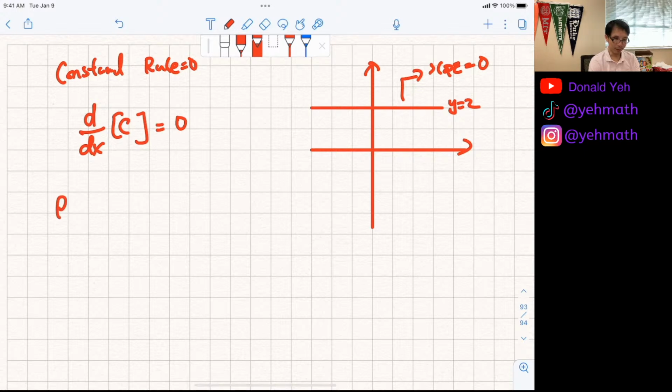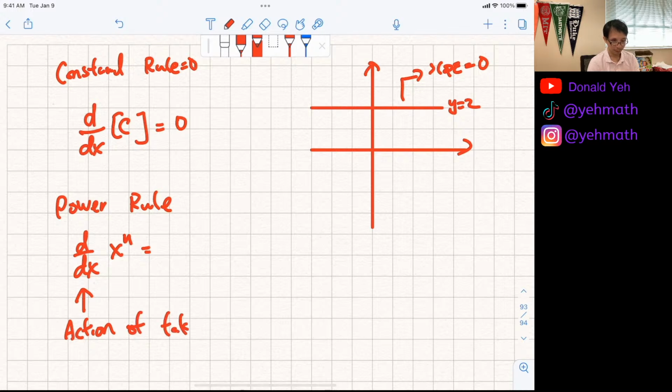Now we're going to talk about a very, very powerful rule. It's called the power rule. If I have d/dx of x to the n, d/dx means I'm taking the derivative, the action of taking the derivative of x to the n with respect to x.